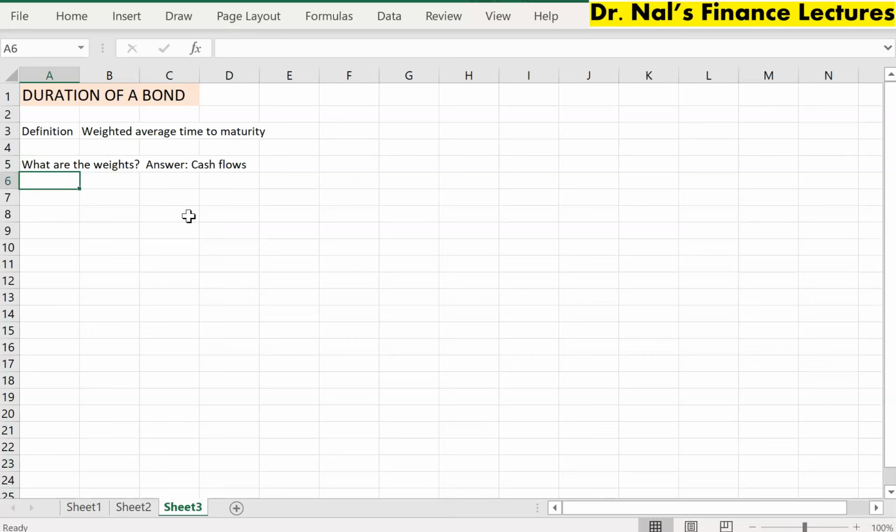What are the weights? Answer, cash flows. So that's very interesting. Here what we are doing in a sense is to try to figure out when a bond will expire on average. So time to maturity, right? So when will a bond expire? And it's a weighted average, obviously, and the weights are these cash flows.